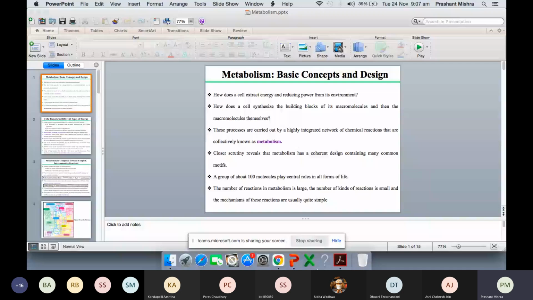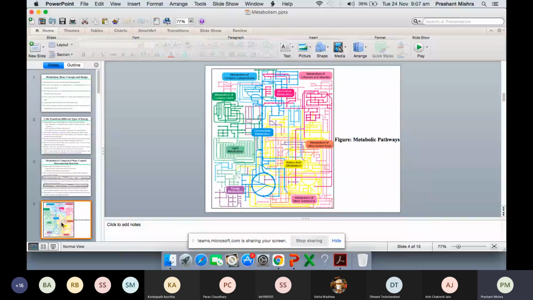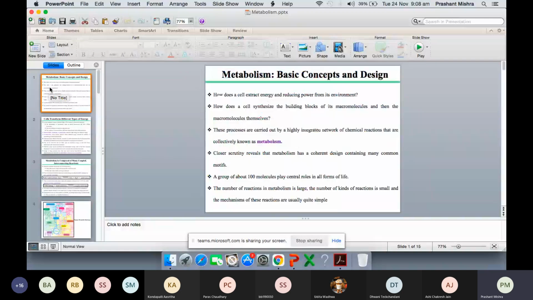So if I want to typically show this metabolic reaction, it's a very complex reaction. You can see that there are several reactions which are going on to give you a network of reactions. I'll come back to this again. So let us continue with the discussion. The metabolic processes are the ones which answer the question about how a cell extracts energy and how this energy, when it is extracted, is utilized for the synthesis of building blocks.